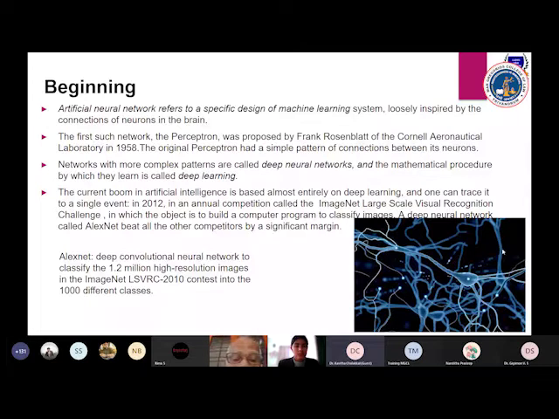Artificial intelligence is very loosely inspired by how a human brain is connected or created. They have created these neurons or nodes, and it's all created algorithmically. It's not made of blood and those things, but it is created algorithmically.